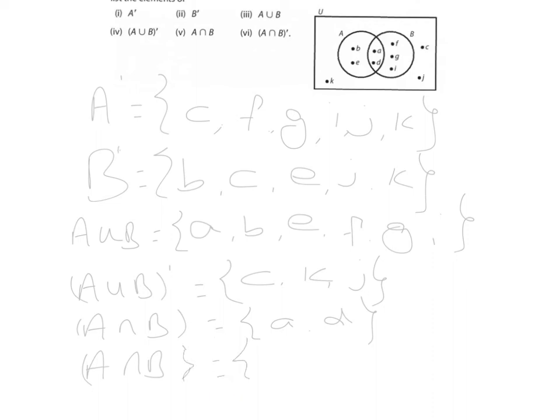So then it's everything outside of the intersection. So that would give me B, C, I don't count D, I have an E, an F, a G, an H, we don't have an H, an I, J, and K.